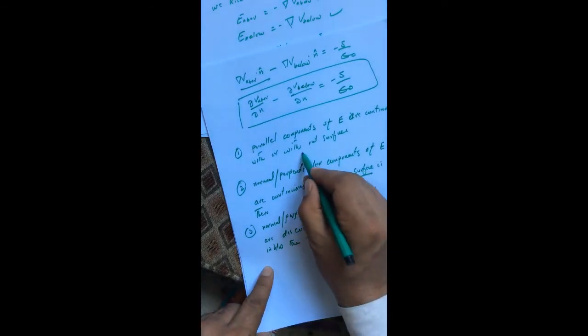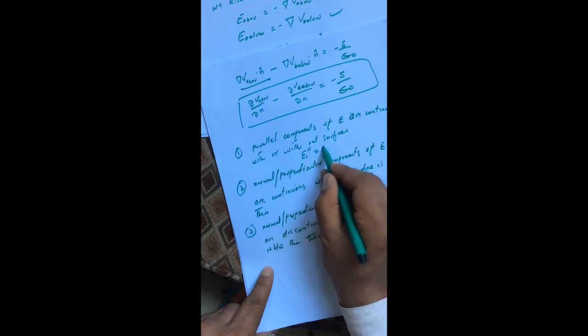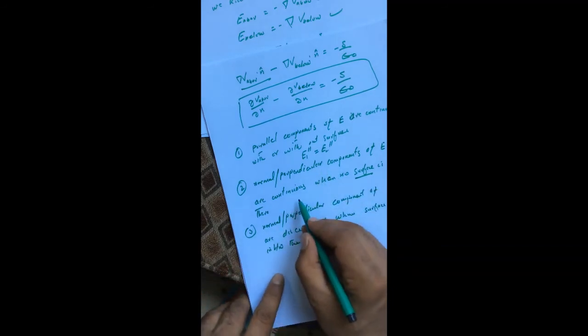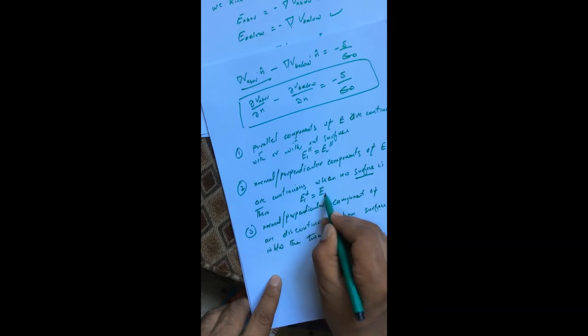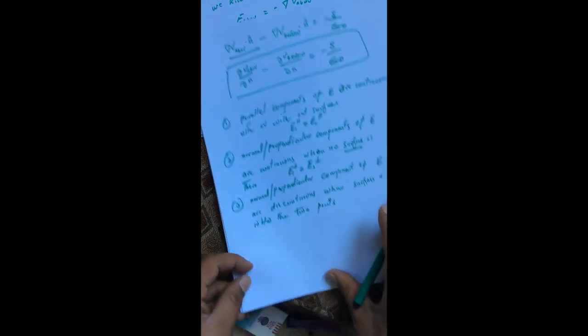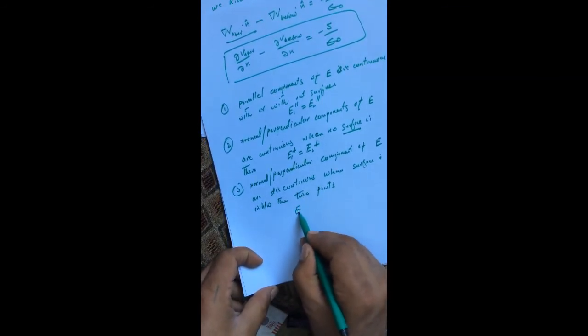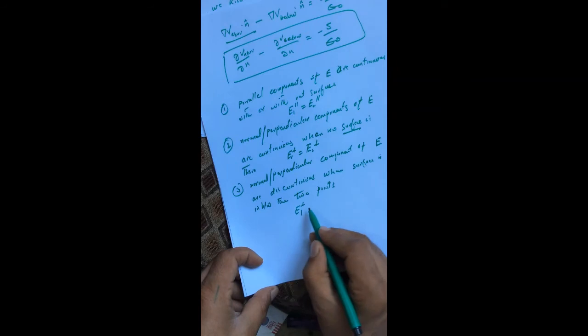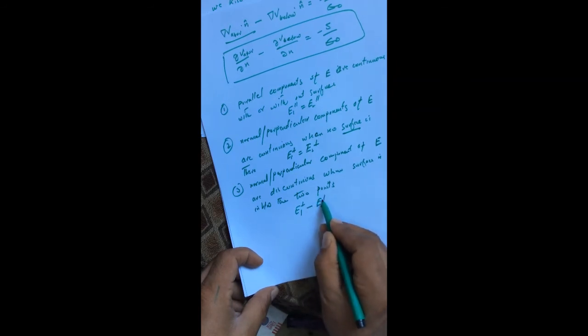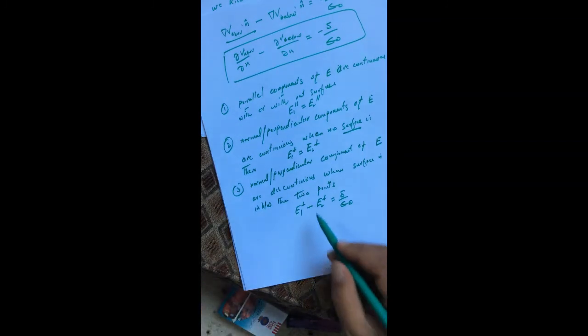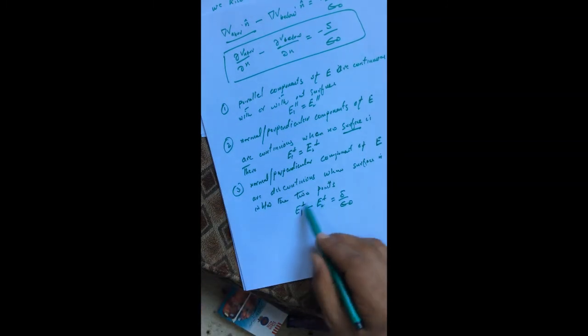Like in this case, E1 parallel is equal to E2 parallel, whether the surface is there or not. Here if there is no surface, then E1 perpendicular will be equal to E2 perpendicular. But if we introduce a surface with surface charge density sigma, then E1 normal minus E2 normal will be equal to sigma divided by epsilon naught. Like the normal component of electric field will be discontinuous, and the discontinuity factor is sigma divided by epsilon naught.